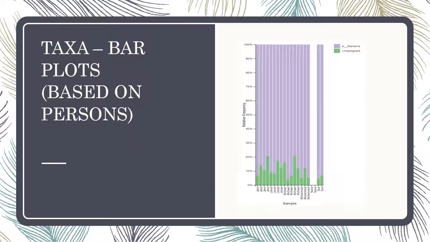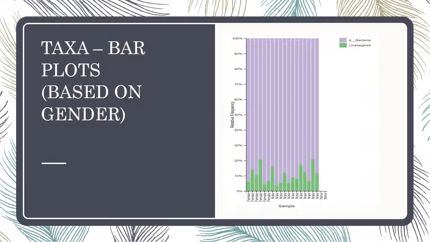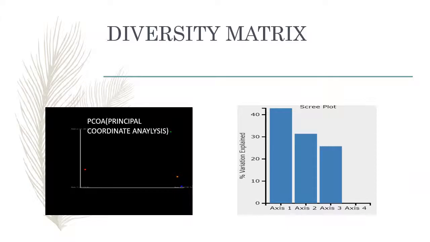Now talking about the persons, again the K bacteria is leading the unassigned bacteria. In the next one, we are talking about the males and females on the basis of gender. This is the distribution of how the bacteria were distributed on the samples taken by the males and females.